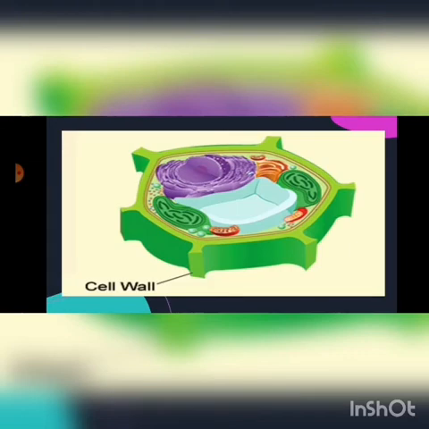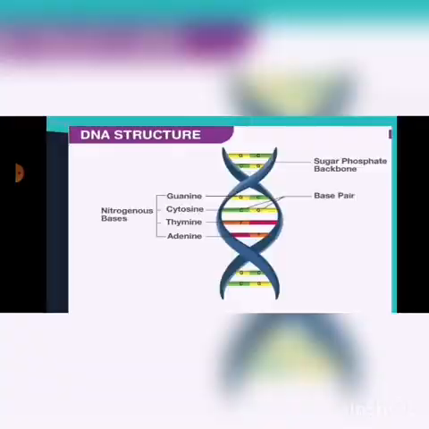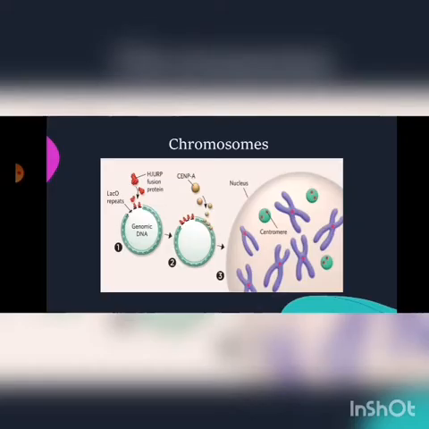Next we study another small activity, page number 94, activity 8.4. In this activity we study the animal cell. First, break the tip of a clean toothpick or matchstick and use it to scratch the inside of your cheek gently.